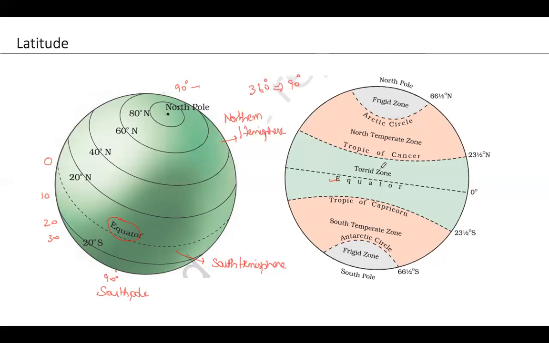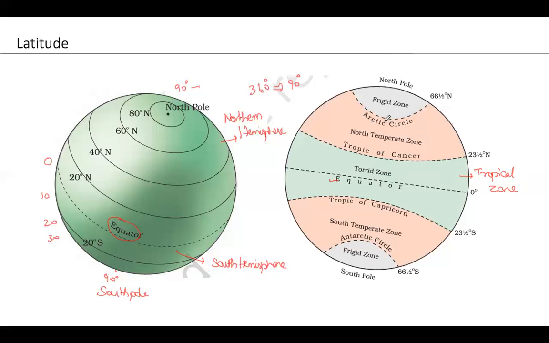So first we see the region in between the Tropic of Cancer and Tropic of Capricorn. They call it the torrid zone, or sometimes in the book it is referred to as the tropical zone. And then below the Arctic Circle and above the Tropic of Cancer, they call it the northern temperate zone, and here they call it the southern temperate zone.